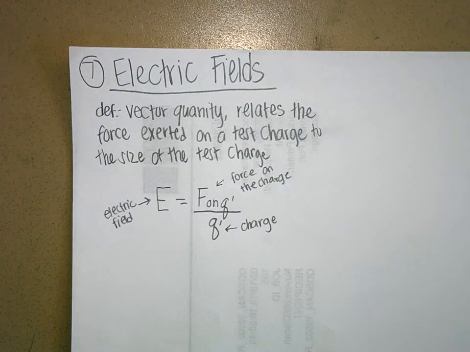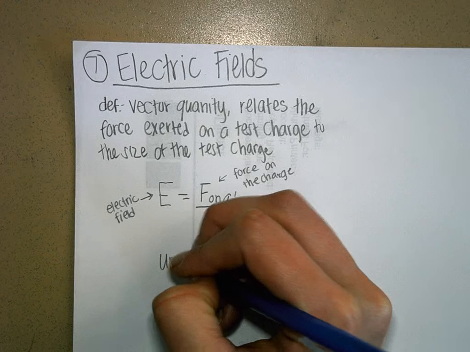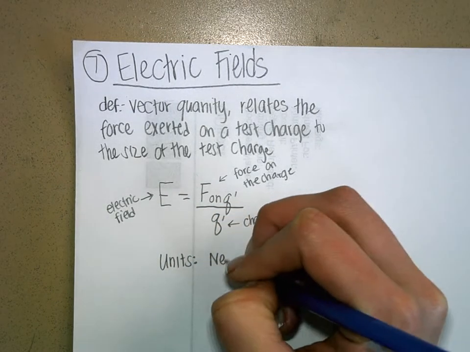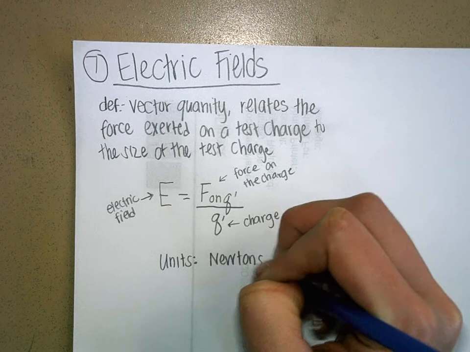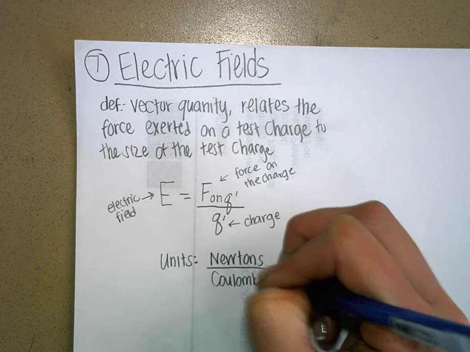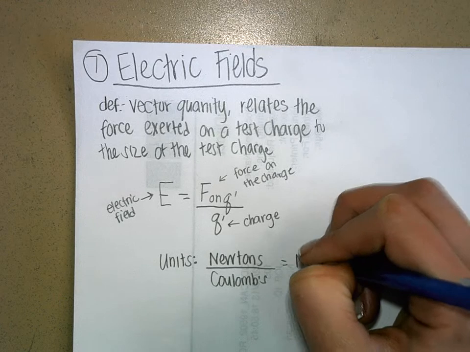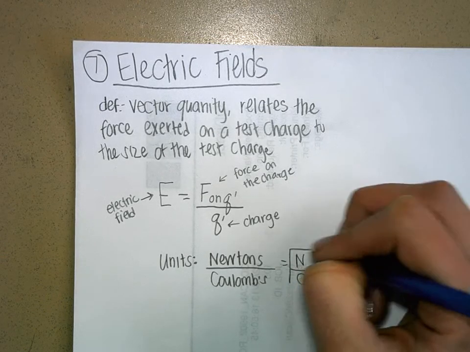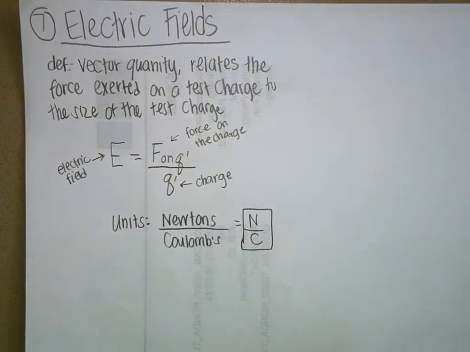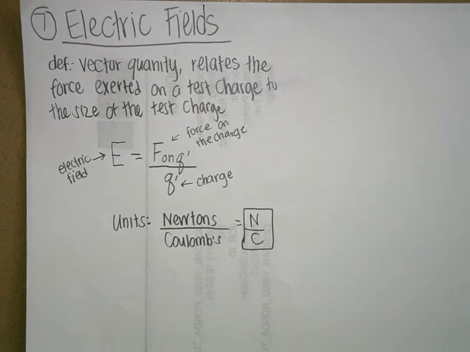So electric field, the units are newtons over coulombs. So you can just write that as N over C. Whenever you calculate the electric field, that's going to be the unit that you have after whatever number value you get.